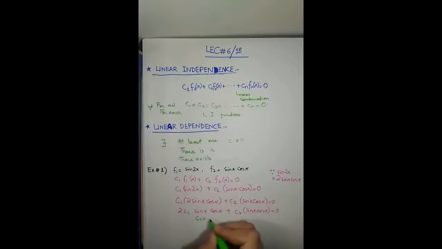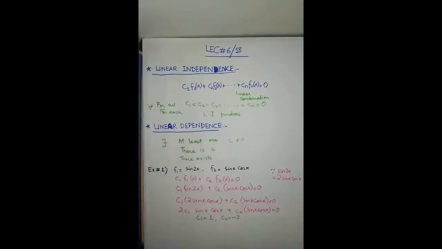Then 2 sine x cos x plus minus 2 sine x cos x makes it 0. So c1, c2, these are the values. You can also take other values, it is not a unique value.